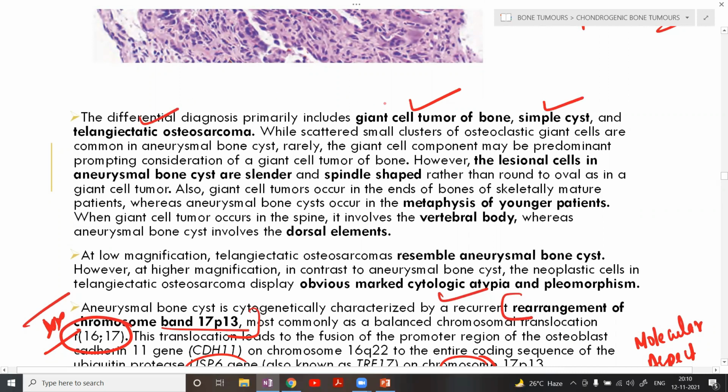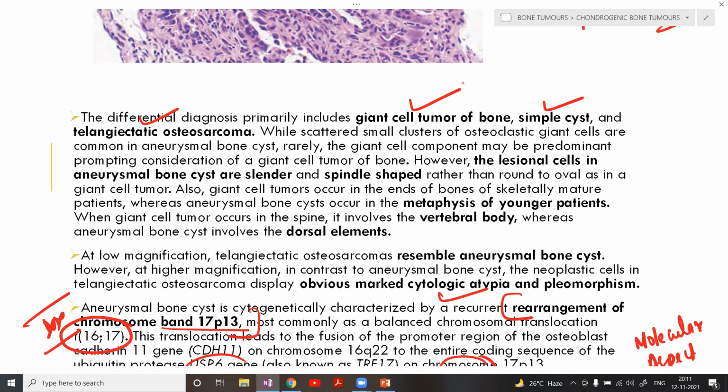Just now we have read about GCT. First of all, with the history, we can say GCT is there in the older age, ABC in the younger age; GCT involves the epiphysis, ABC involves the metaphysis. Then one more thing is the histopathology.